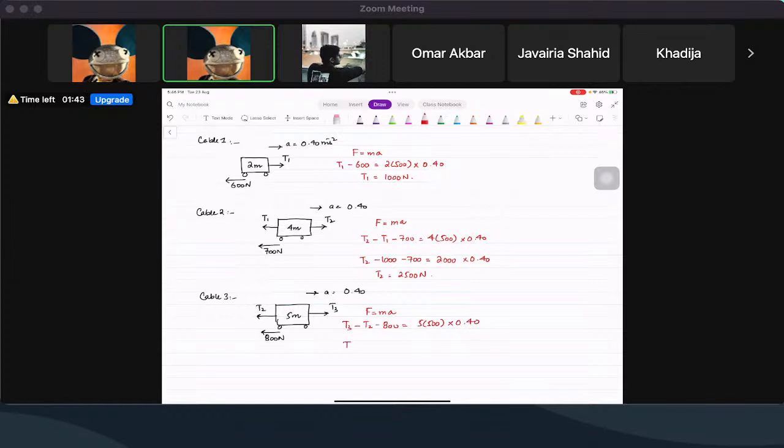T2 we already found in the previous part, that is 2500 minus 800. 5 times 500 is 2500 and times 0.40. So T3 should come out as 4300 newtons. Is it clear, everybody?